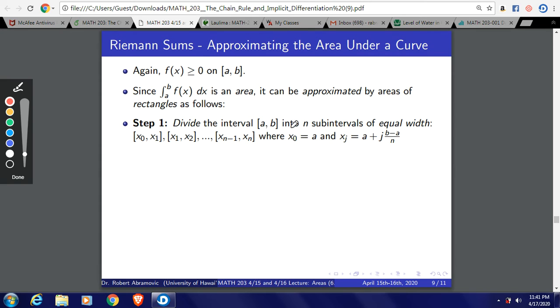We divide the interval from a to b into subintervals of equal width. So this is a to b. We divide it up. 1, 2, 3, 4, 5 division lines.